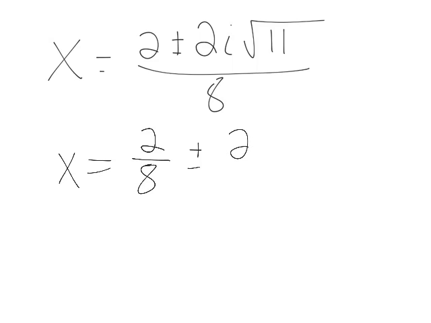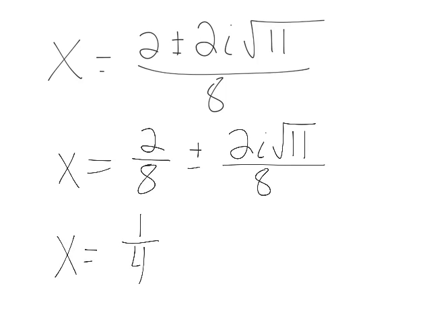And if you want to, you can reduce as you split it, that's fine. And then I'm going to reduce the two pieces separately, okay? So x is equal to 1/4 plus or minus i square root of 11 over 4.